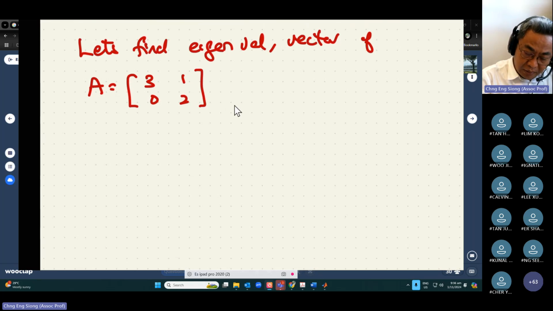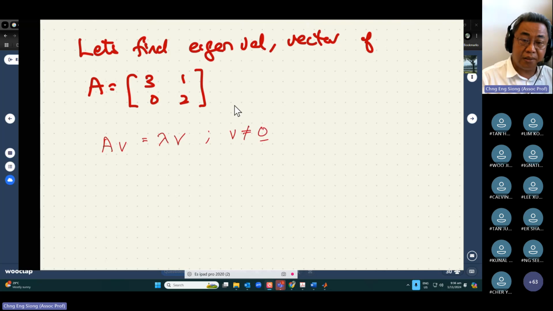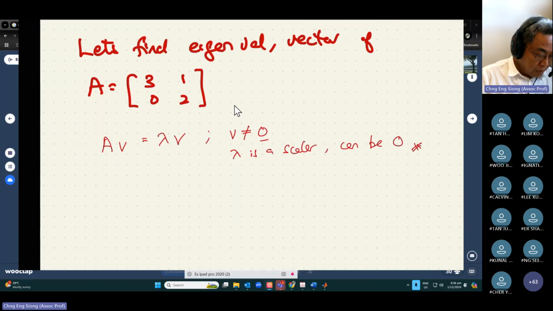And we begin with the principle that A times V, let's call the eigenvector V now, equals lambda times the eigenvector. And the condition is that V cannot be the zero vector. And lambda is a scalar. It can be zero. All right.